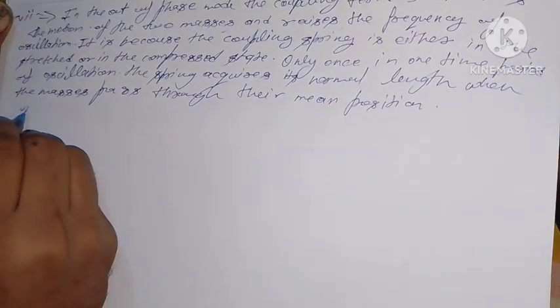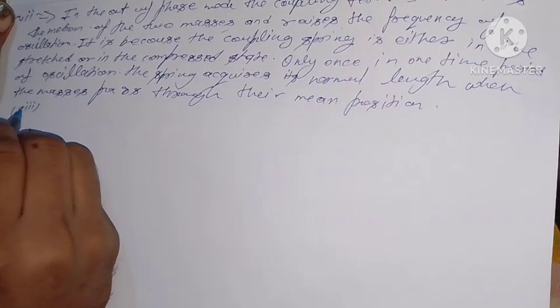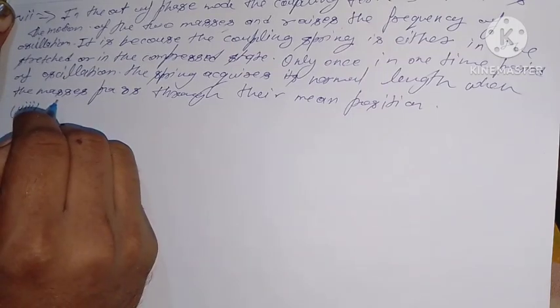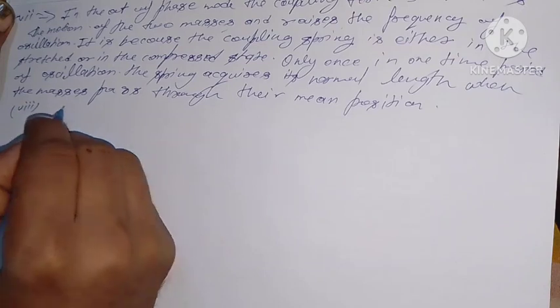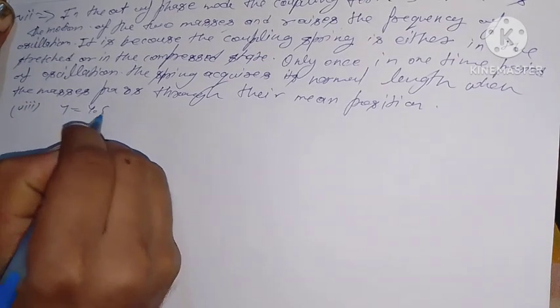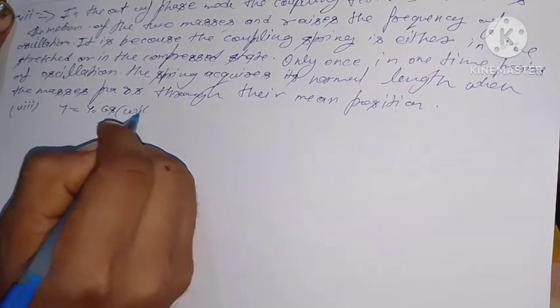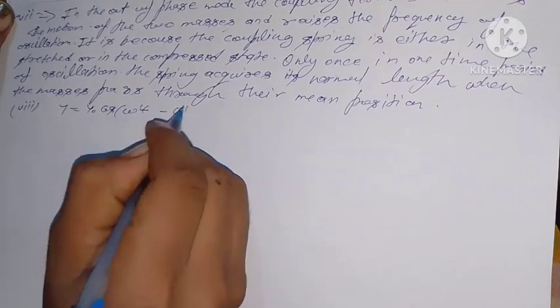Okay, 8 point. Our solution of equation second is given by y equal to y naught cos omega dash t minus phi dash.